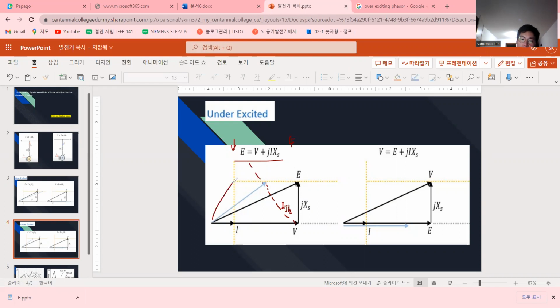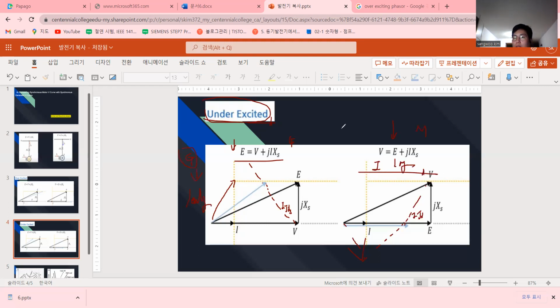Which means in the underexciting situation, the generator part is leading. And for the motor, E is reduced. If we reduce it to here, what happens? Here is I, jXs, right? 90 degrees. So in the underexciting situation, the motor current is lagging.